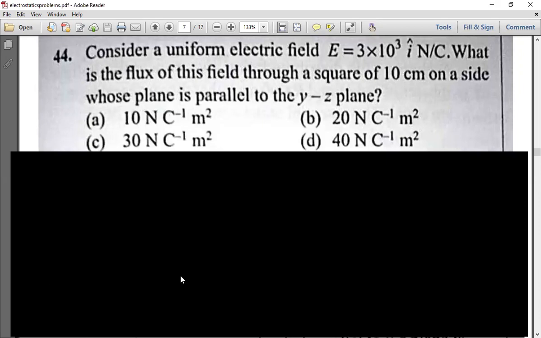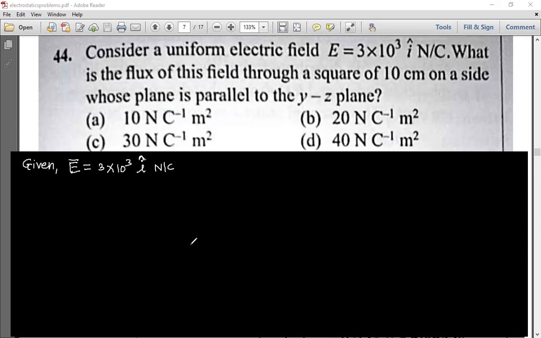See now, what is the question? Consider a uniform electric field. They have given the electric field E bar is equal to 3 into 10 to the power 3 i cap newton per coulomb.